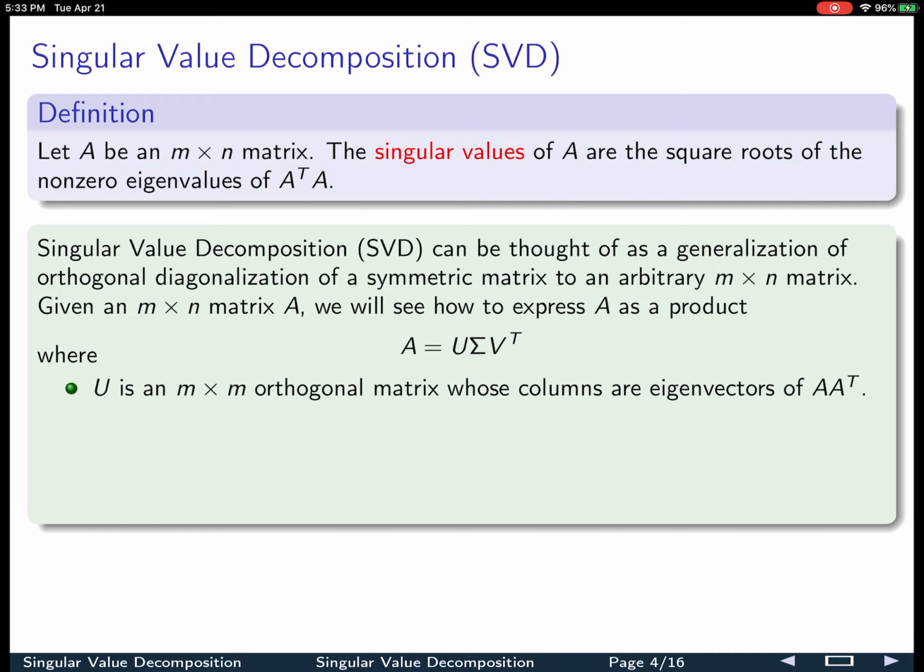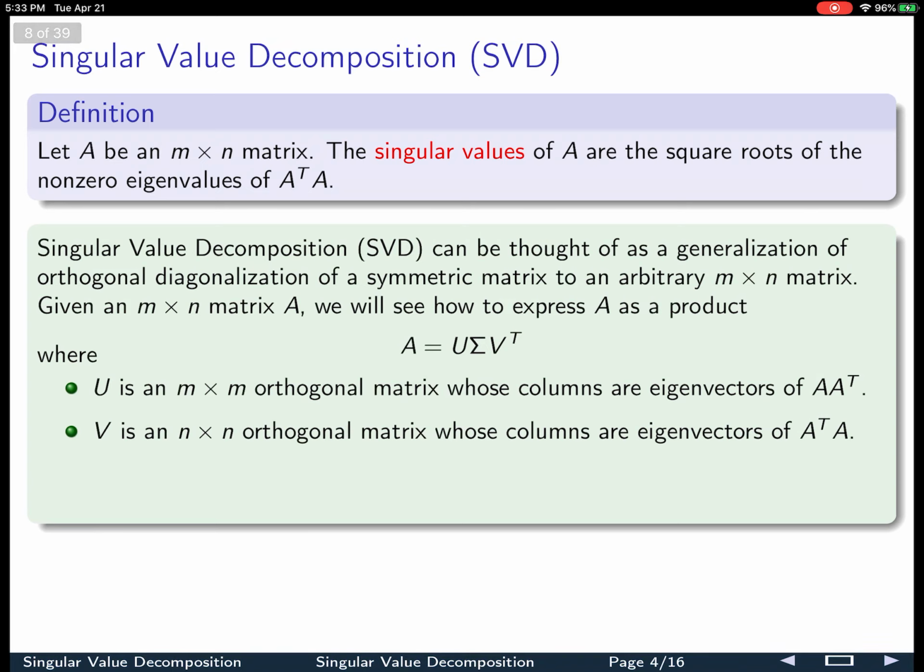So you multiply A times A transpose, you find the eigenvalues and eigenvectors. U is all of those eigenvectors. V is all of the eigenvectors of A transpose A.